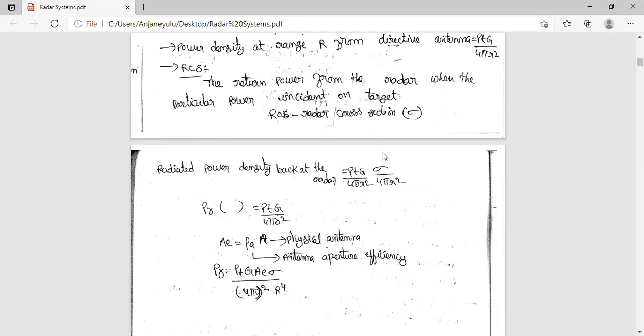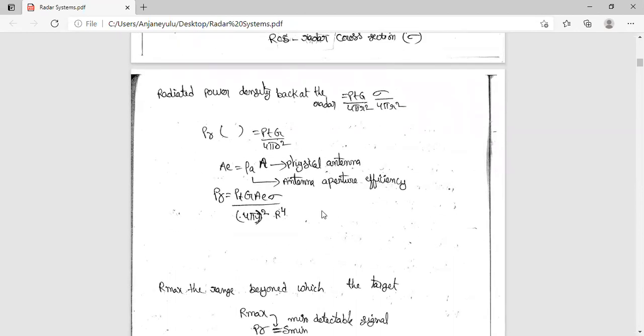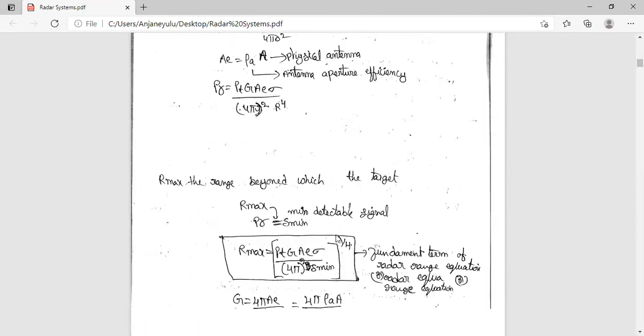So at the receiving antenna, the power density is Pt into G by 4 pi r square into sigma, multiplied by 1 by 4 pi r square. So the final expression for the received power is Pt into G into Ae into sigma by (4 pi) whole square r power 4, where Ae is the effective aperture of the receiving antenna.